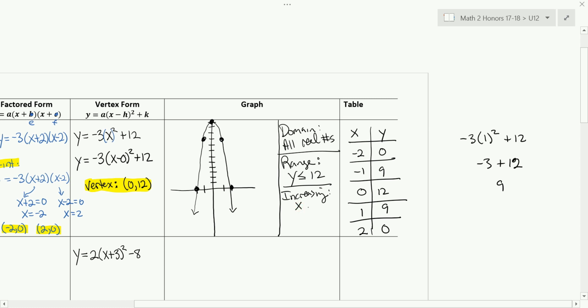The right side or left side? So when x is less than or equal to what? 0, right? Because it's the middle. You want to go all the way to the vertex. So when x is 0, go all the way to the middle. Decreasing when x is what? Greater than or equal to 0.